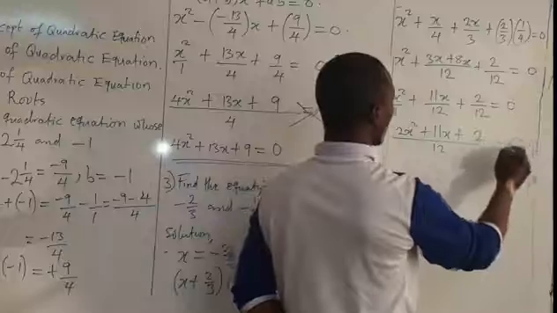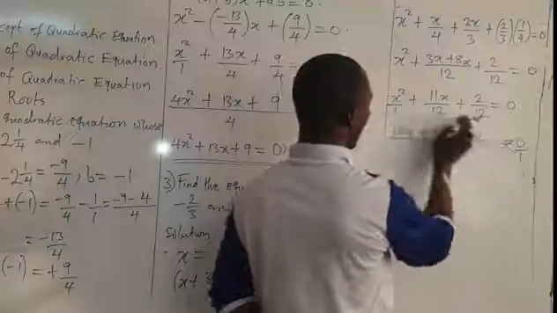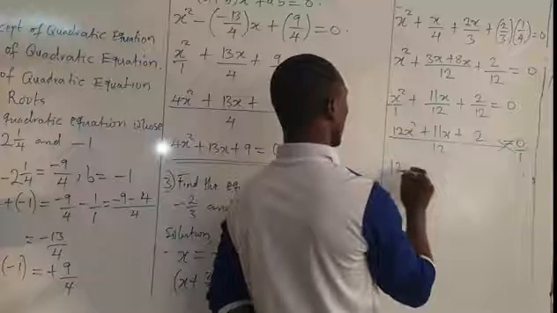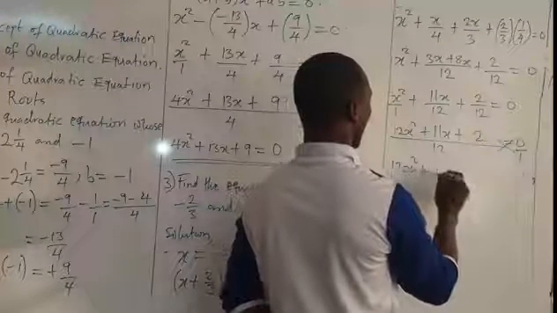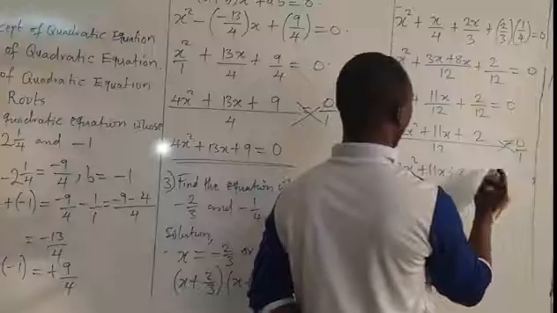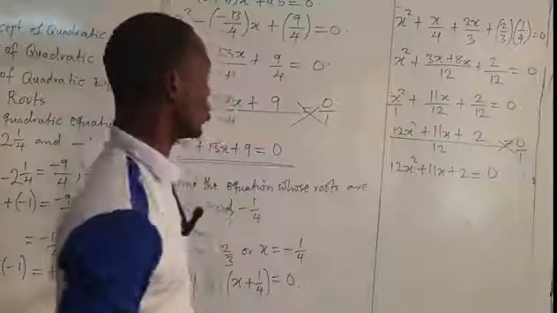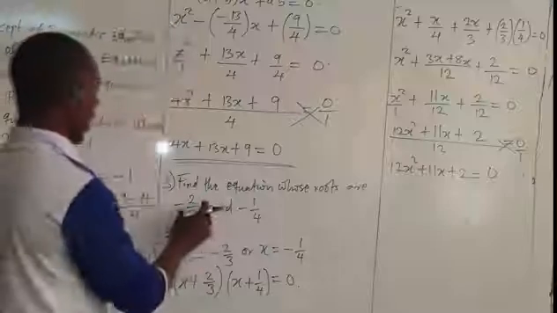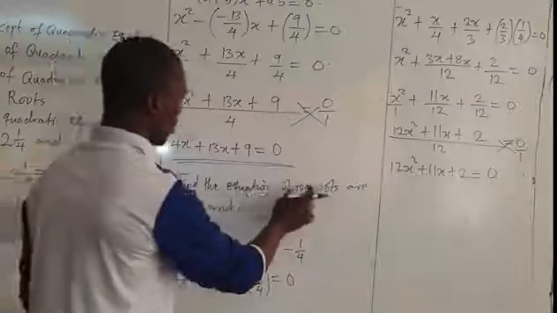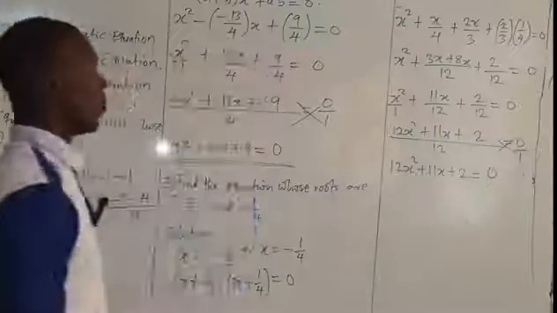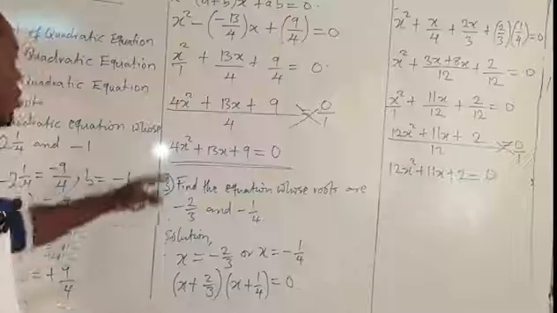Then you cross multiply: 12x squared plus 11x plus 2 equals 12 multiplied by 0, that is 0. So the equation whose roots are these is 12x squared plus 11x plus 2.